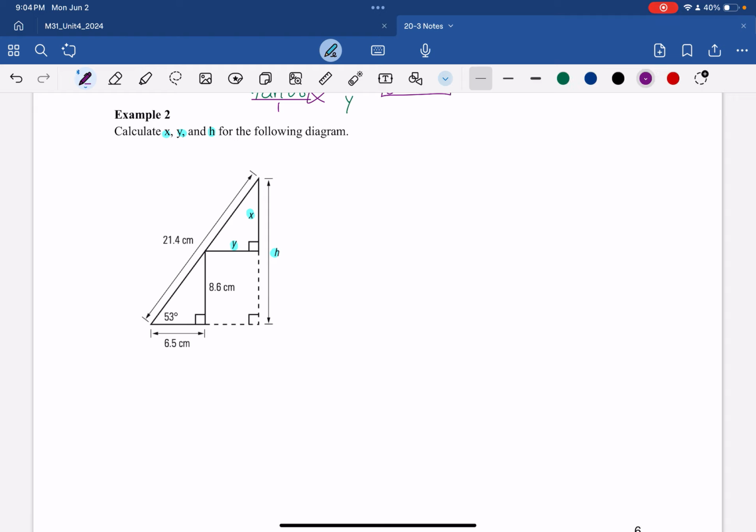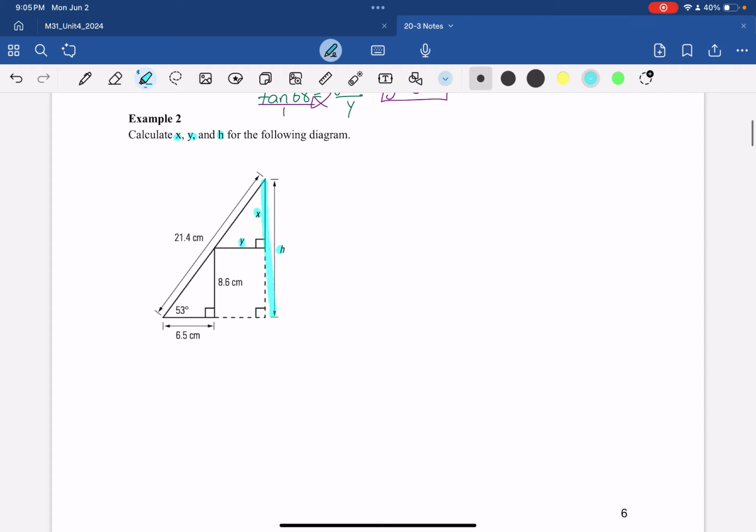So I'm going to start by looking at this and figuring, okay, what information do I have already? So if I look, I can kind of see that I have one large triangle here. Okay, as well as I have some smaller triangles, right?